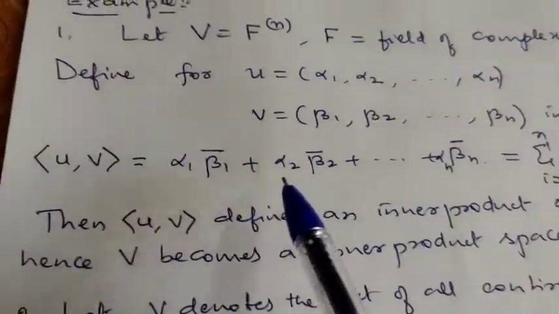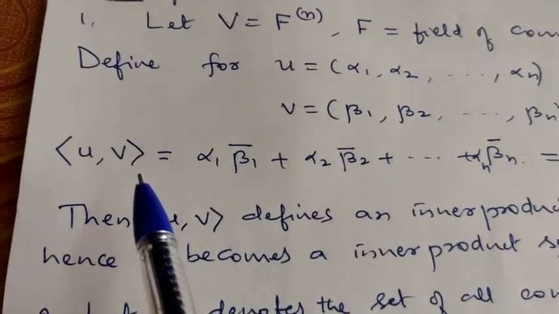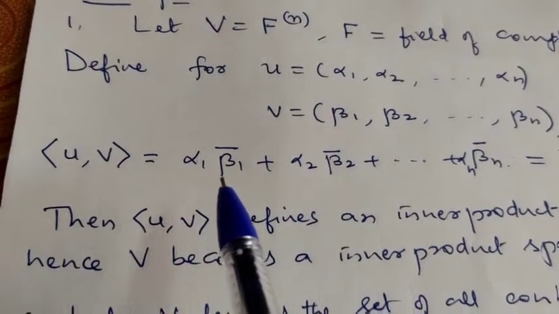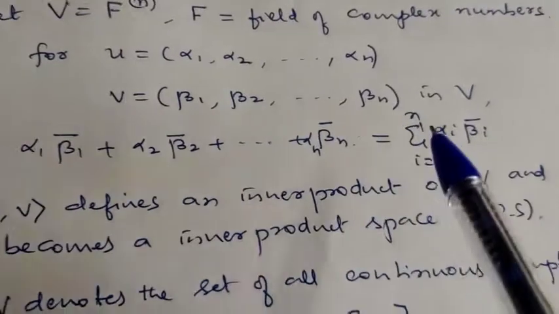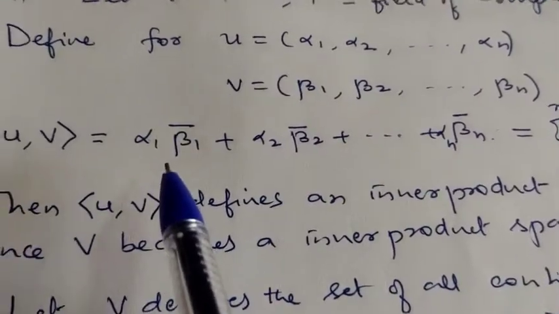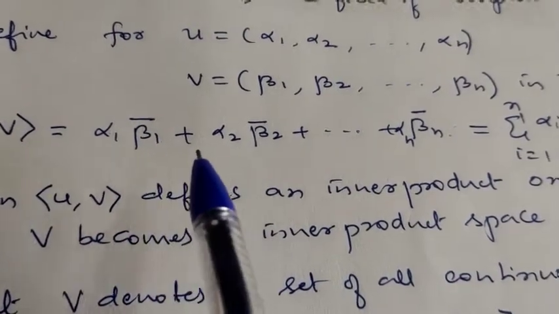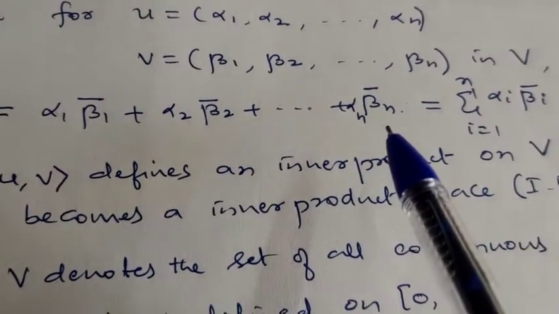Okay. Now consider the inner product. The inner product of u comma v is equal to, I will define it as, the summation i equal to 1 to n of alpha i into beta i bar. In other words, if you split this, alpha 1 into beta 1 bar plus alpha 2 into beta 2 bar, etc., alpha n into beta n bar.